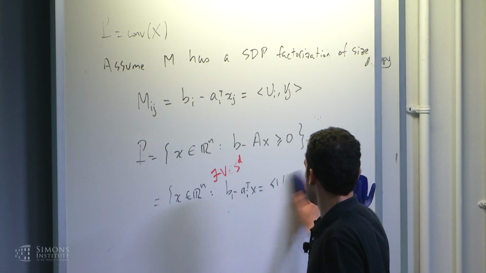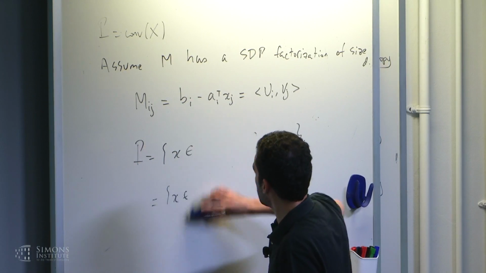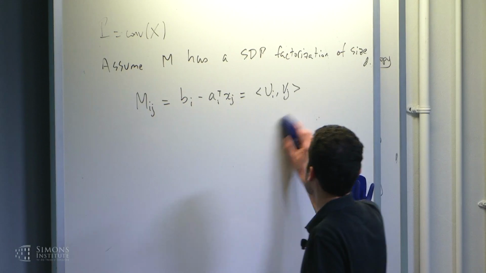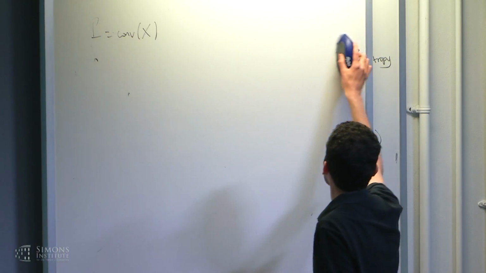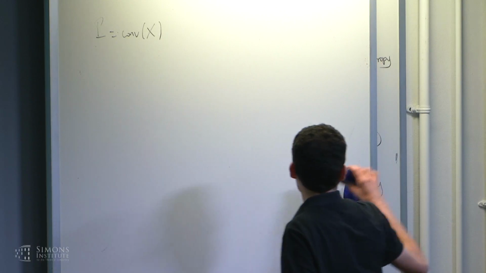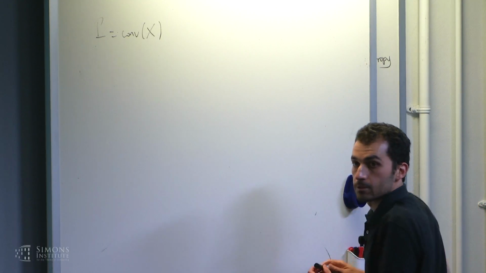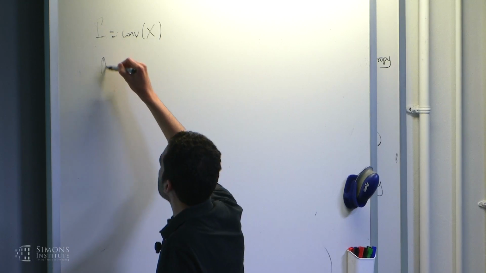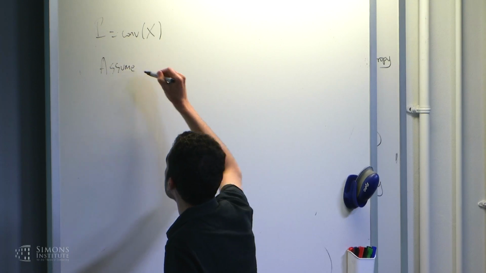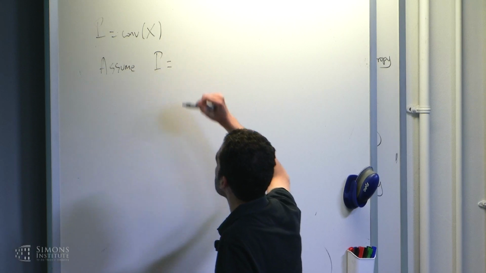The other direction is where you see the Farkas lemma showing up. What do we want to show? I'm going to assume that P has an SDP lift.